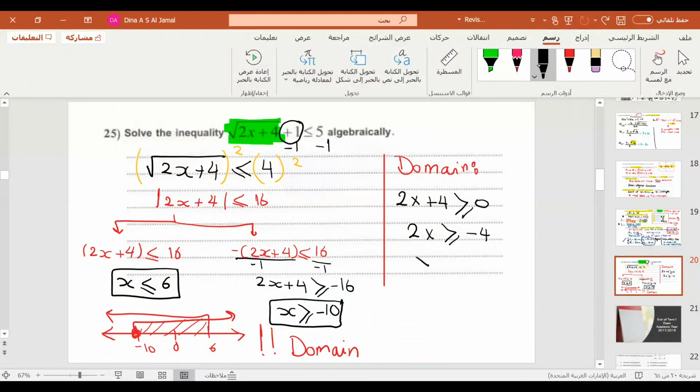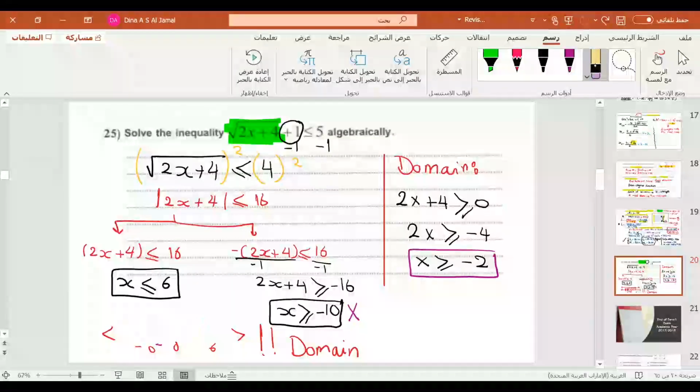Divide by 2 both sides. So your x will be bigger than or equal minus 2. That means your domain here will not start from minus 10. It will be starting from minus 2.